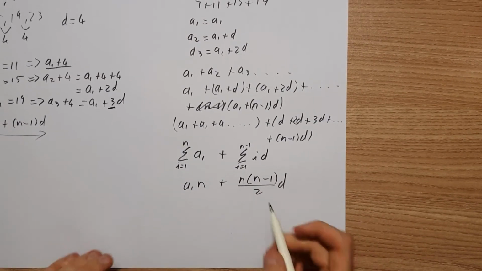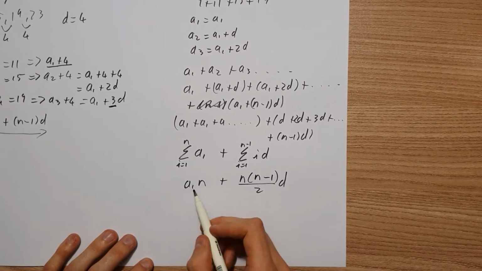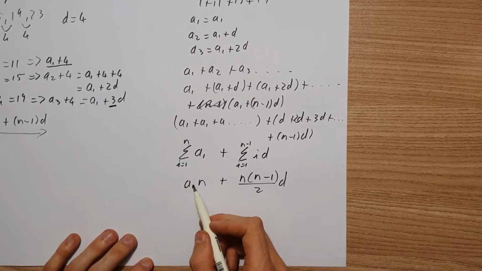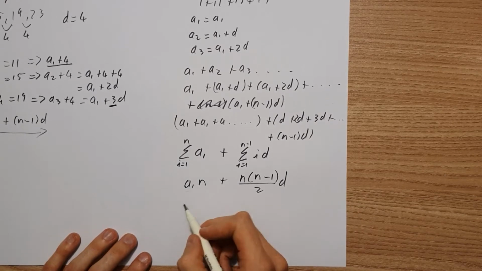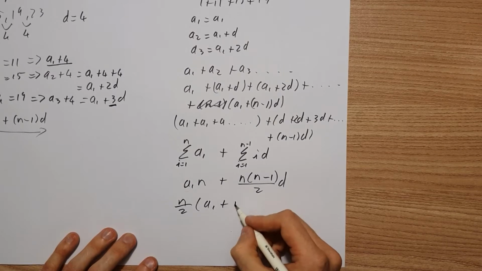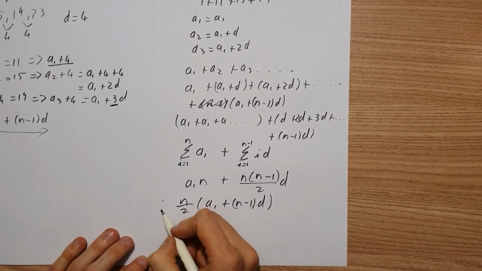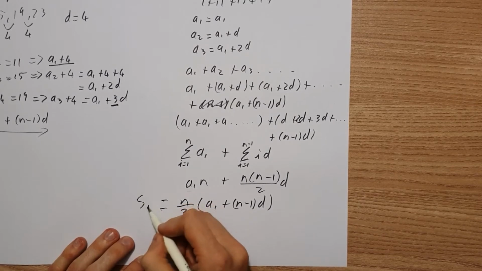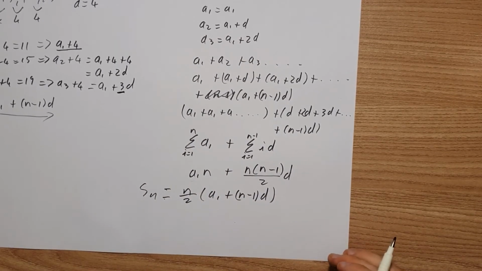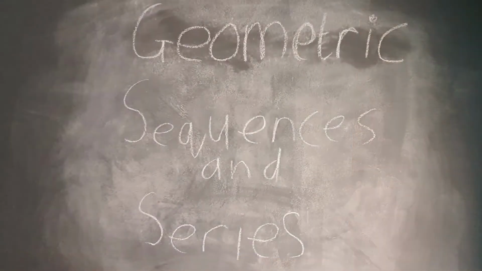Now if I take out the common factors, I'm going to take out a half and n, which means I need to multiply the first term by 2 because I'm taking out a factor of a half. So I'll have n over 2 times (2a1 plus (n minus 1)d), and this is the sum of my arithmetic series.